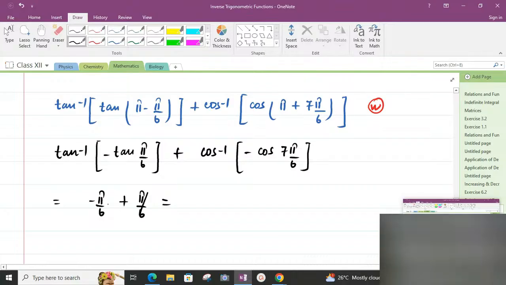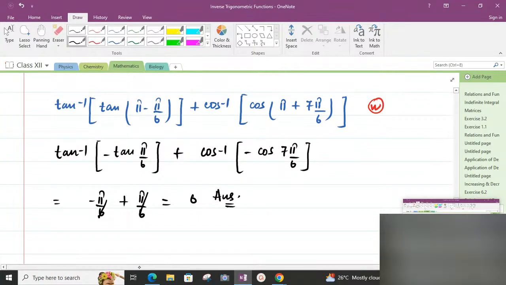So this one cancels out, then we get 0. So this is the answer of this question. Hope that there is no problem to understand the solution of this question. If you have, write in the comment box. I will apply the second method.